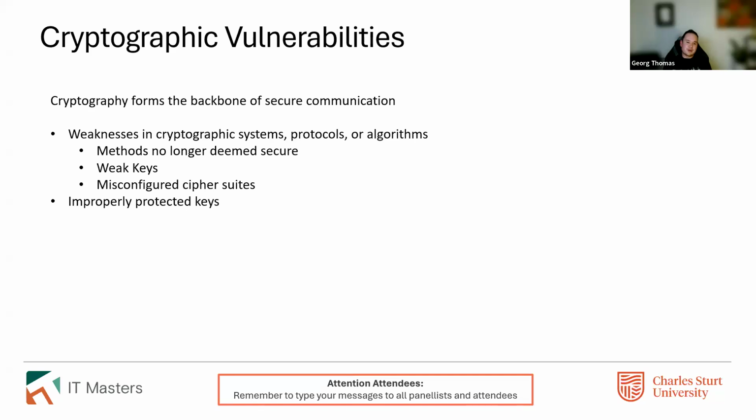Then you've got cryptographic vulnerabilities. If we think about cryptography and the CIA triad, confidentiality, integrity, and availability, confidentiality especially, but we can't discount integrity, rely often on cryptographic controls. For example, we talk about encryption at rest, encryption in transit or motion, and encryption in process.